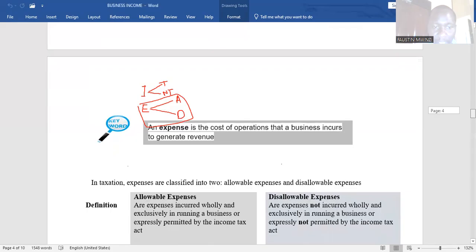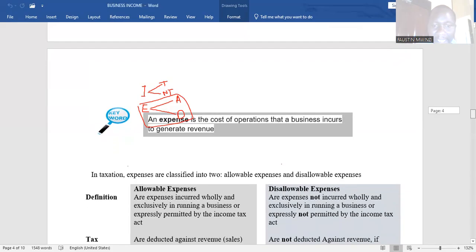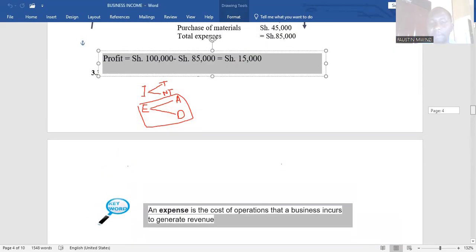Expenses, as you can see there, are classified into allowable or disallowable. What do we mean by allowable and disallowable? Allowable means the tax law allows you to deduct that amount as an expense. When we say it is disallowable, it means the tax law does not allow you to deduct that amount as an expense.